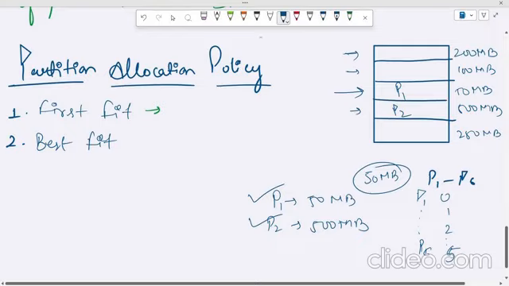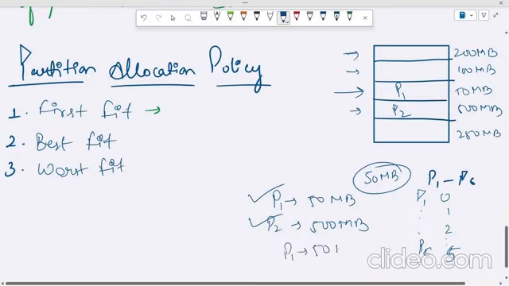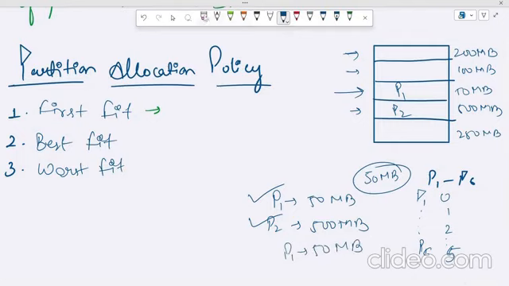Now the third one is called worst fit. By its name it is clear that it is going to do the worst. If P1 needs 50 MB, it finds the place where the maximum memory is.